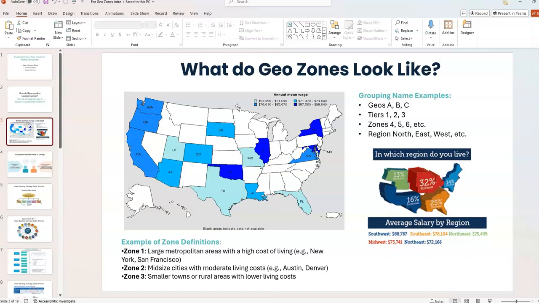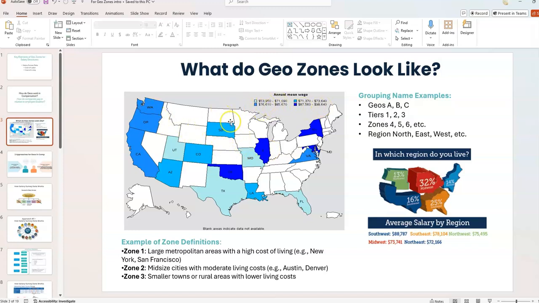Creating these zones or categories can help make sure that the compensation is competitive and fair relative to local market conditions. Basically, it's just another way of grouping.